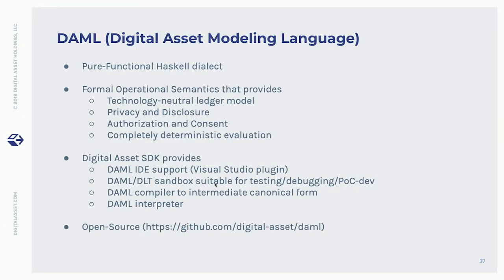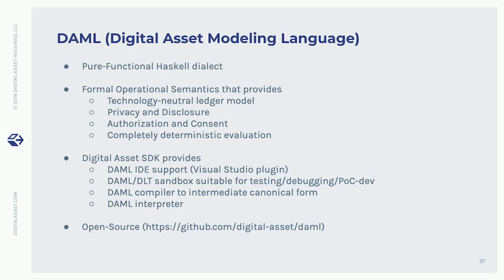So, the DAML asset modeling language. It is a pure functional Haskell dialect. It has a formal operational semantics. It provides a technology-neutral ledger model. So DAML, the language itself, only specifies that evaluation function. It doesn't mandate anything on the actual consensus layer underneath.